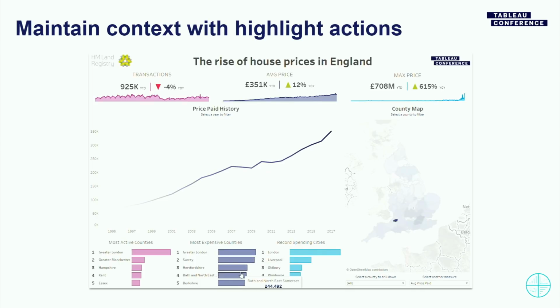Each bar represents a county, if that's too small to see, apologies. And what the highlight action is doing is calling out where that county is geographically. So I'm really able to contextualize that specific data point when I'm hovering over the bar chart and consider the wider impact of what I'm looking at.